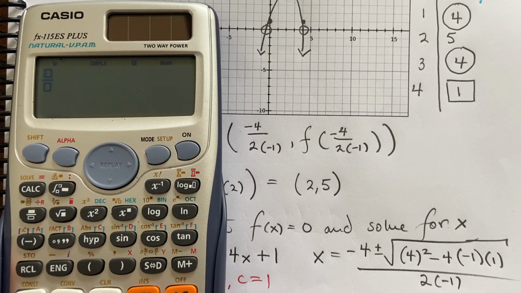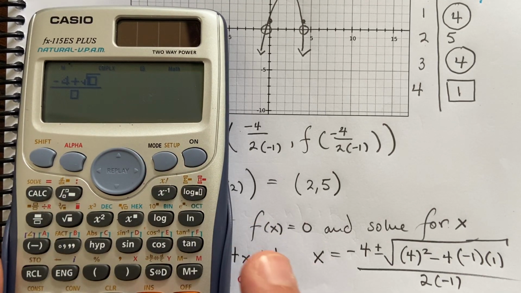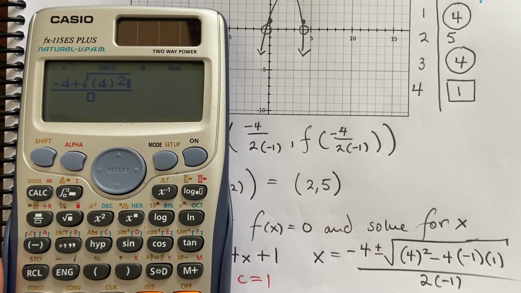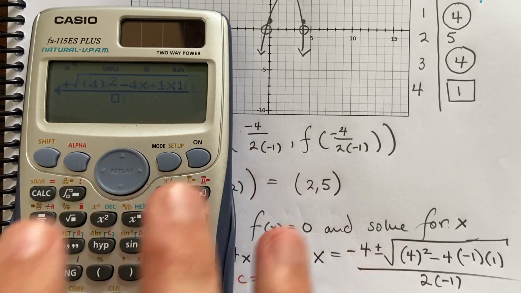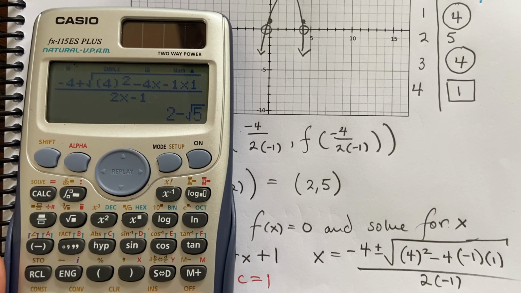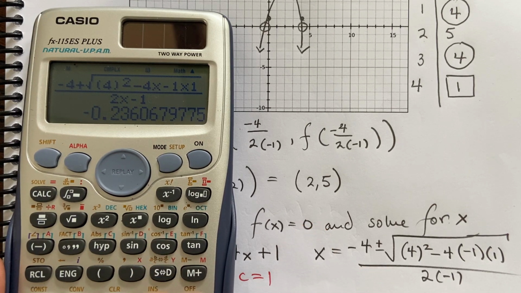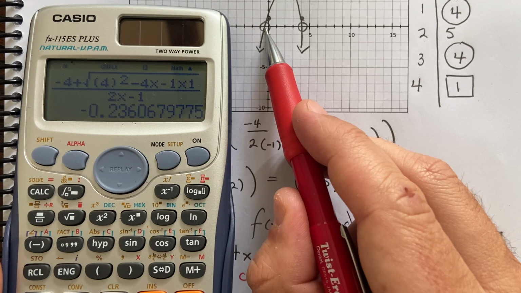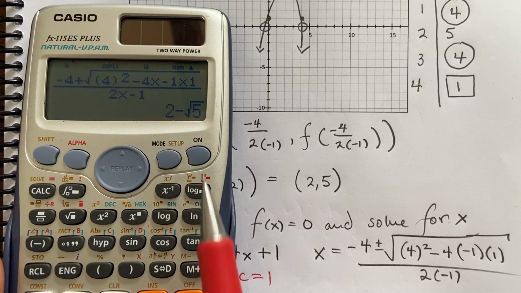Fraction negative 4 plus square root 4 squared minus 4 times negative 1 times 1 over 2 times negative 1. So I have an x-intercept of 2 minus root 5. I'm going to leave that in exact form, but just to make sense out of it, it's about negative 1/4, which makes sense with this location. But really, I'm going to leave it this way.